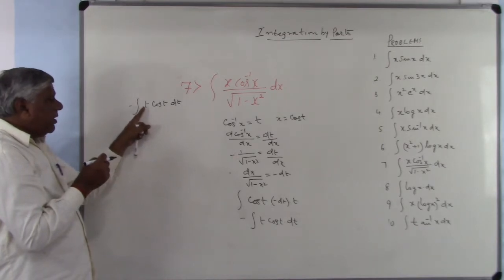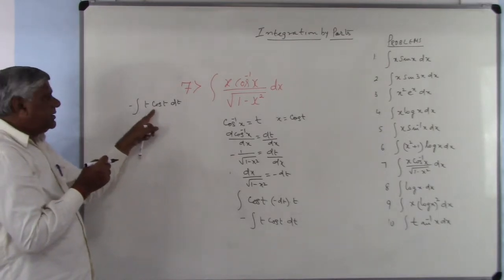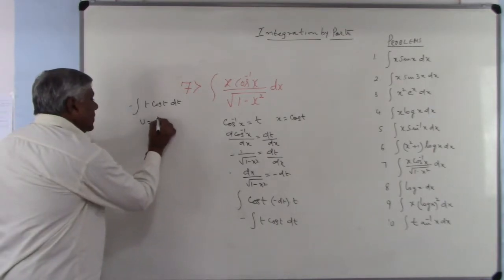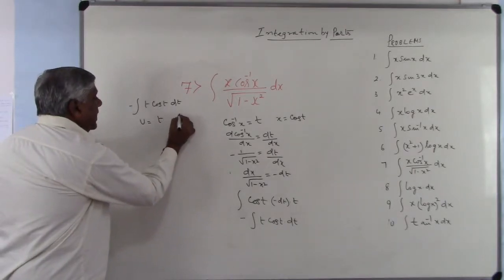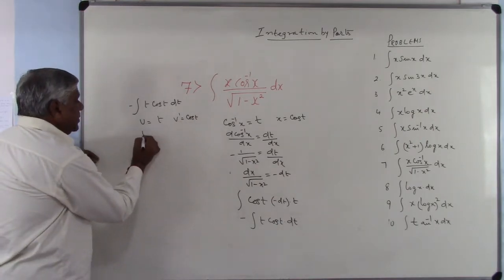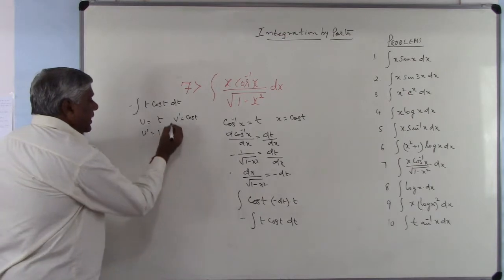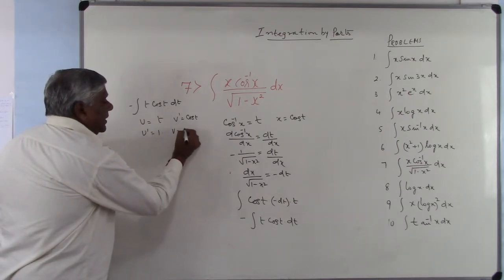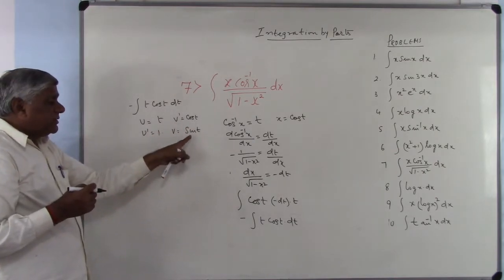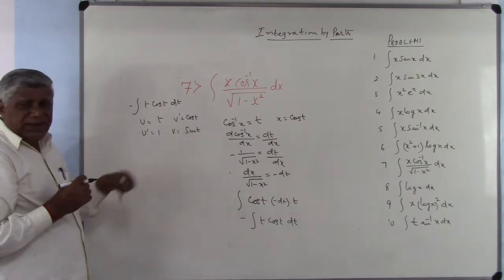LIATE means algebra comes first, next trigonometry comes. Therefore, we keep u is equal to t and v dash is equal to cos t. Therefore u dash is equal to 1 and v becomes sin t, because integration of cos t with respect to t is sin t.